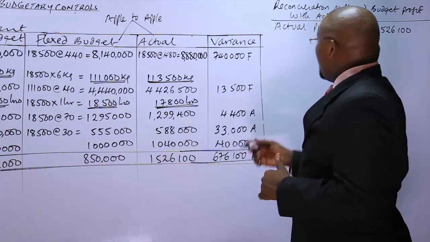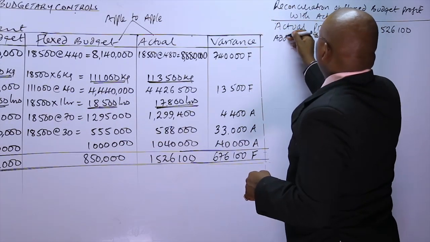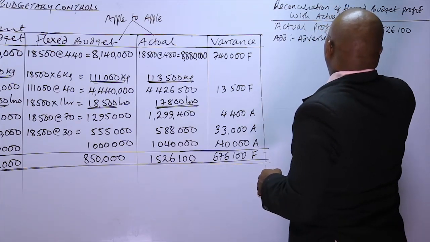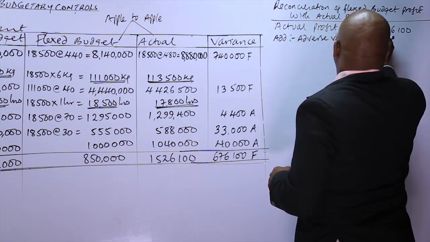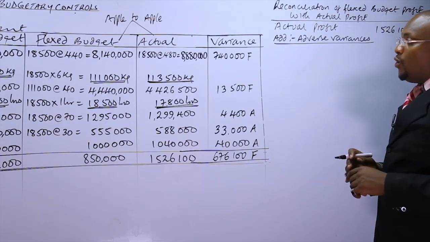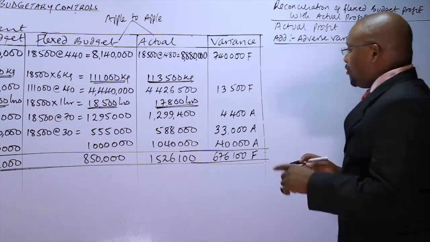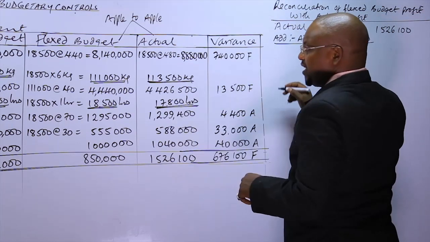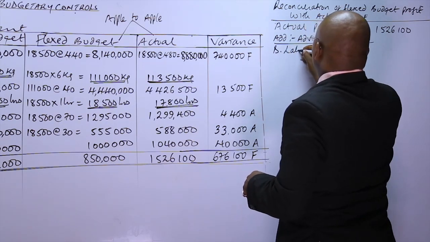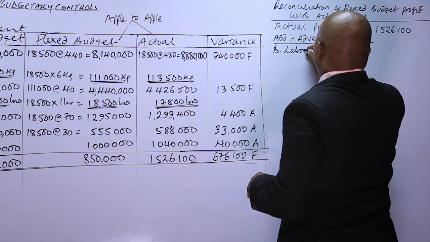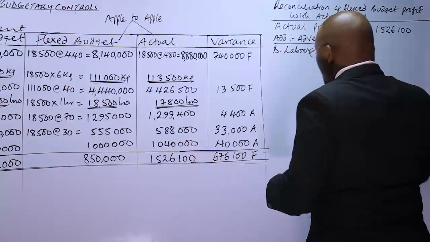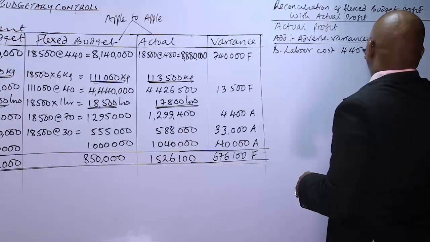So since we are not there, we need to add here. We say add adverse variances. These happenings were not envisaged when you were preparing the budget. So therefore, you need to add these adverses, like we have the direct labor cost, which is 4,400.